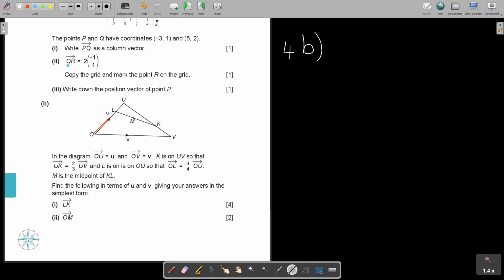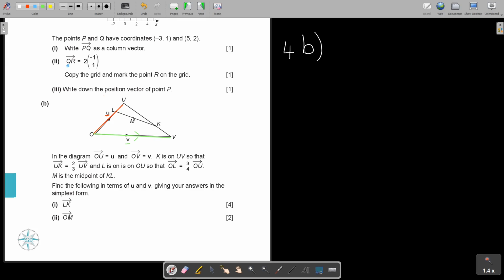So, OU, and that will be U. Don't have to write it, I just want to show you. That's U. And then I have OV, let's make it green, and in this direction, that will be V.